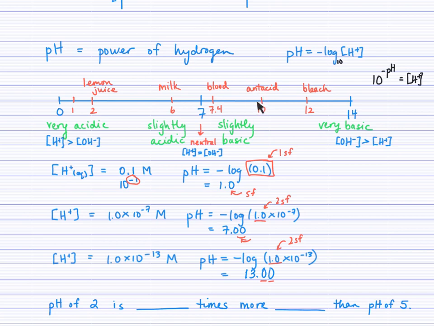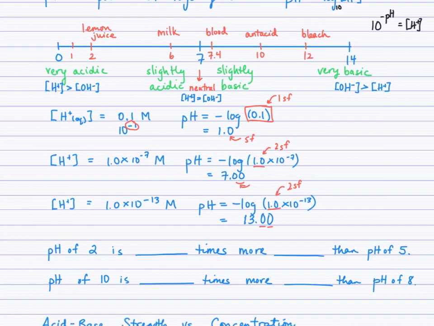Antacids can be a pH of 9 or 10, bleach upwards of 12, sodium hydroxide solutions up here 13, 14. So you'll notice that lots of cleaners are on the basic side and lots of foods are on the acidic side.